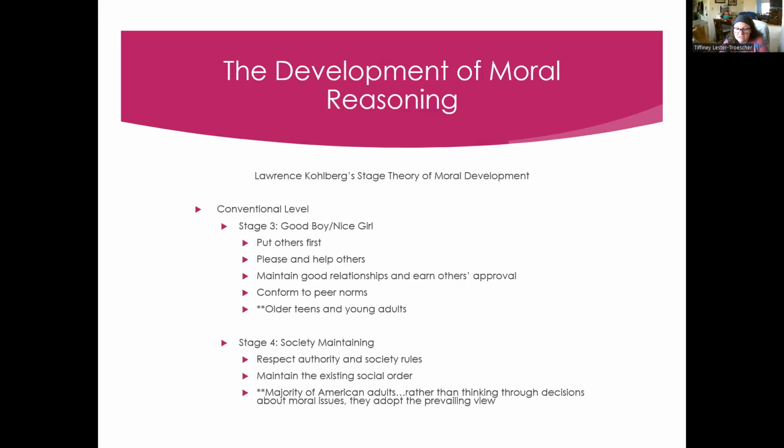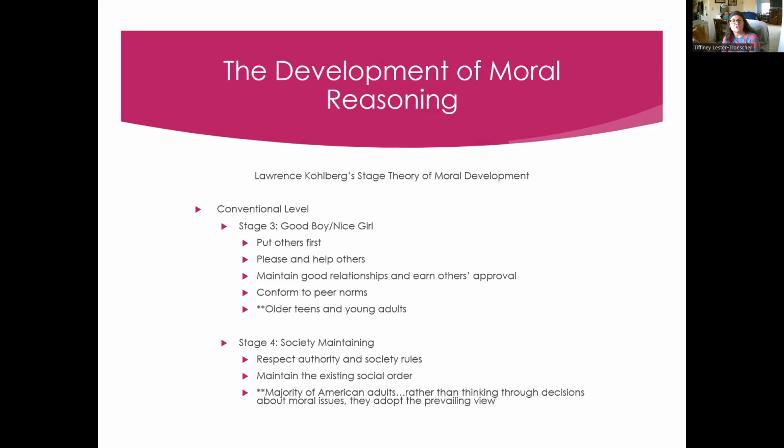Once we do, though, we get to the conventional level, right? So we're middle of the road. Stage 3, which is the first stage of the conventional level, is the good boy, nice girl phase. This is where we actually start to put others first. We want to please and help others. We become people pleasers. We want to maintain good relationships, and we want the approval of other people.